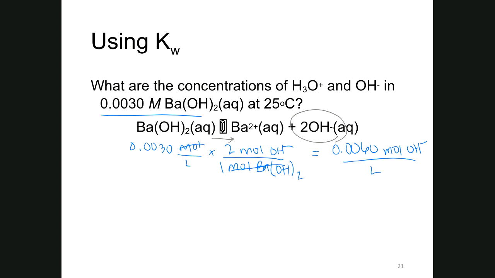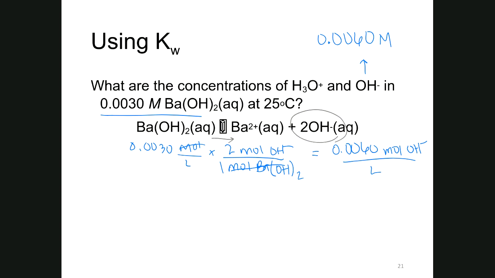So in other words, what we could say for the hydroxide as our final answer is that our concentration is 0.0060 molar. That's our concentration for the hydroxide. Again, all we did there was just simple stoichiometry. We're taking those coefficients from our balanced equation and using them to find our moles of hydroxide.